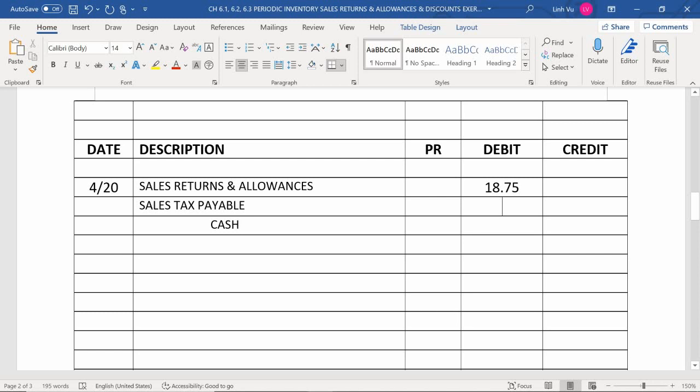Okay, hold on. This was $18.75, times 15%. Try calculating that again, because I didn't get $1.25. Calculate the taxes from the discount.